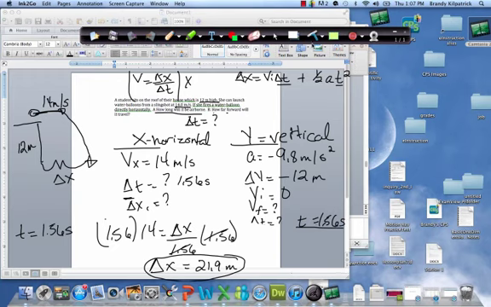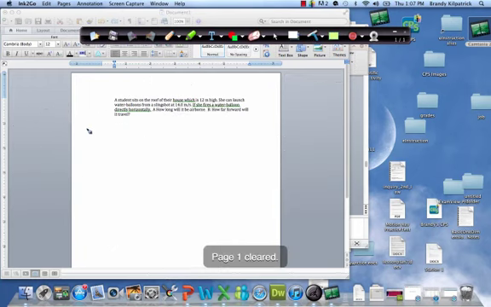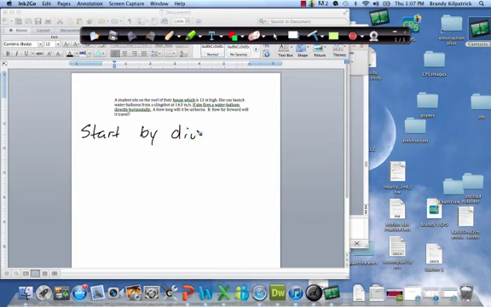All right, so a few tips when you're solving projectile problems. Start by dividing your components up. So you have x and you have y.